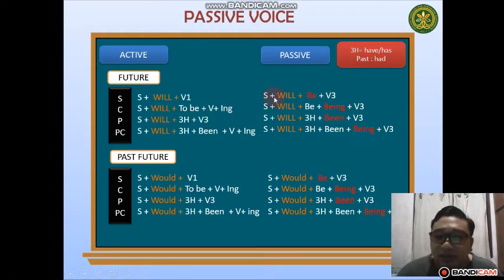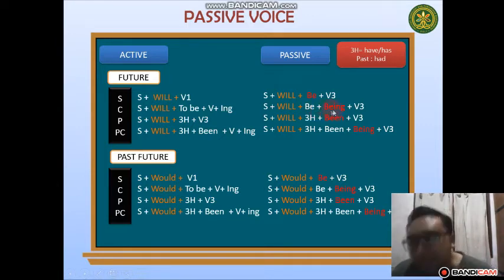The passive includes subject plus will plus be plus verb 3. It does not use to be, just be. So for continuous, subject plus will plus be plus verb-ing. And for the passive one, subject plus will plus be plus being plus verb 3.